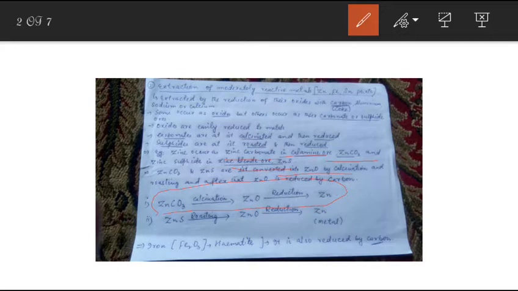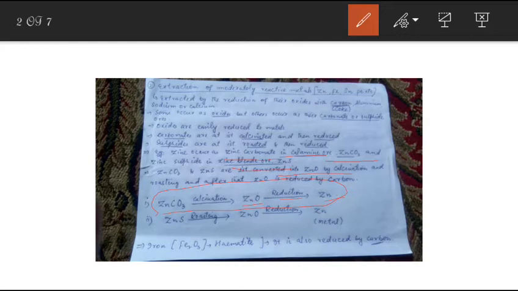Calcination is the process in which a carbonate ore is heated in the absence of oxygen to form an oxide. This is the first step, and after that zinc oxide is reduced to convert it into zinc. In the same way, what is roasting?